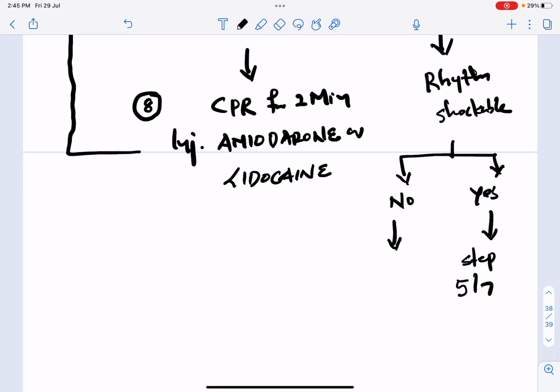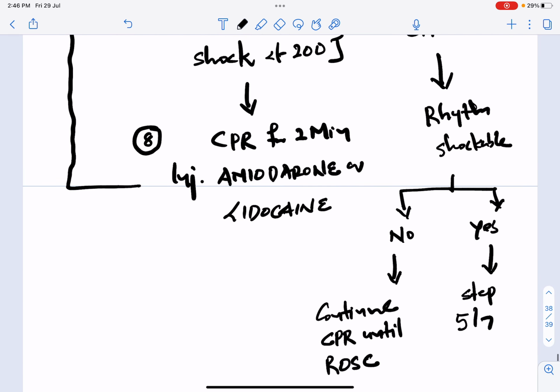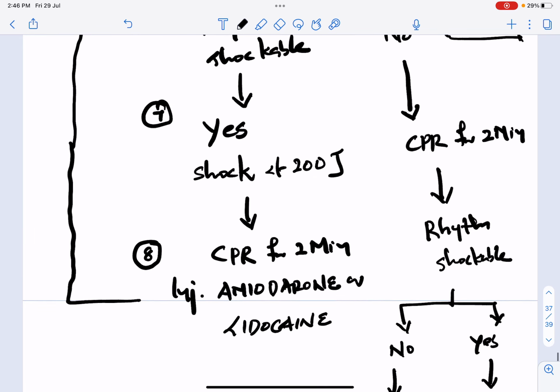If it is no in the further cycles also, continue cardiopulmonary resuscitation until you are getting a return of spontaneous circulation. Okay, so that is the end of the non-shockable rhythm management.